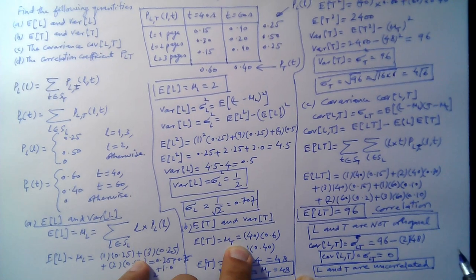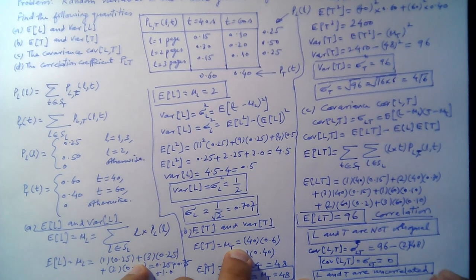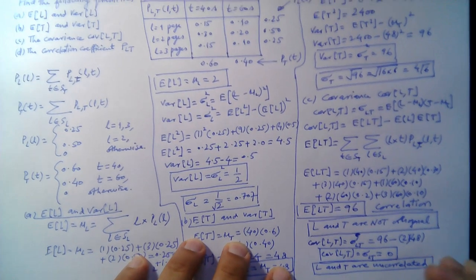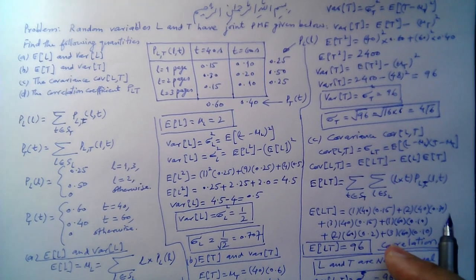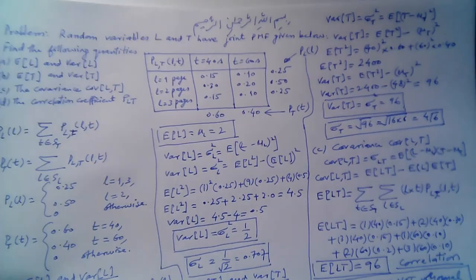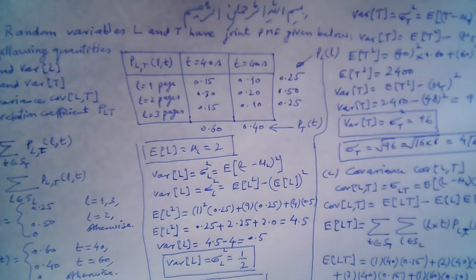So similarly, we can find the correlation coefficient. The correlation coefficient can be calculated using the covariance and the standard deviation or the variance values of random variables L and T. So for example, the correlation coefficient rho LT is given by the covariance of LT divided by the square root of the variance of L multiplied by the variance of T, right?